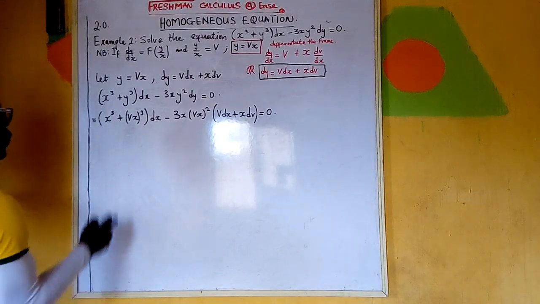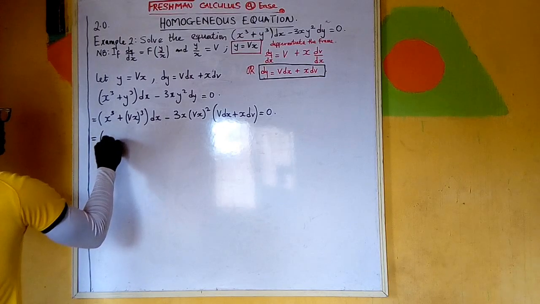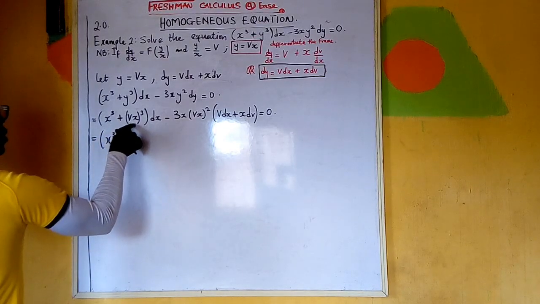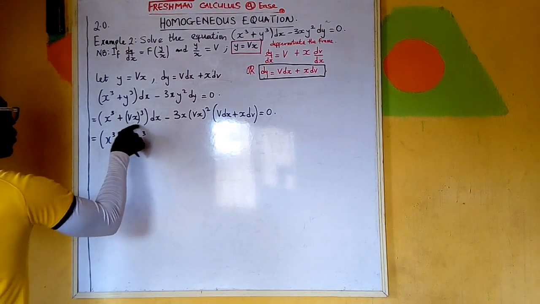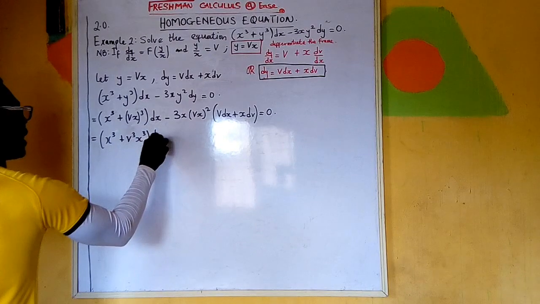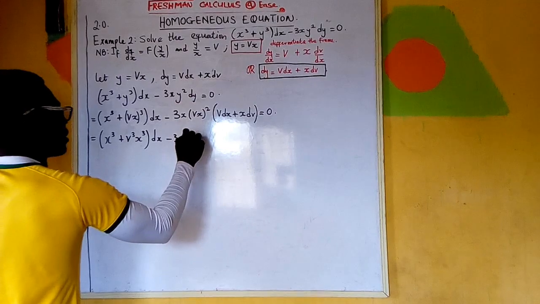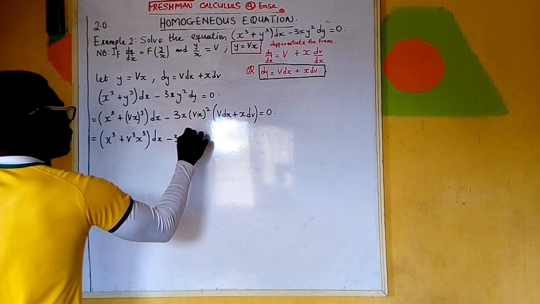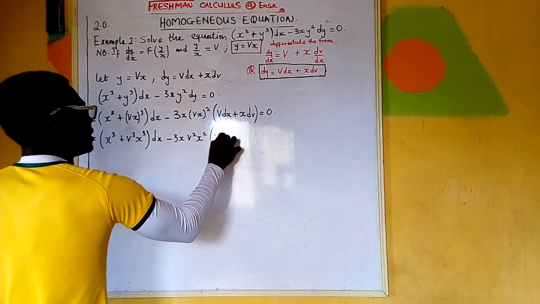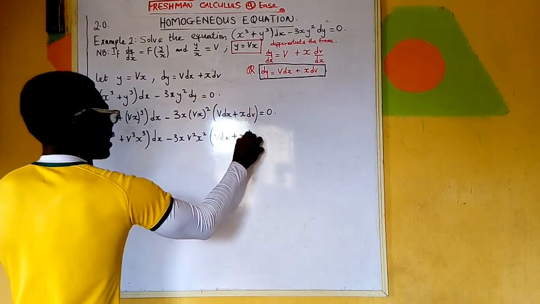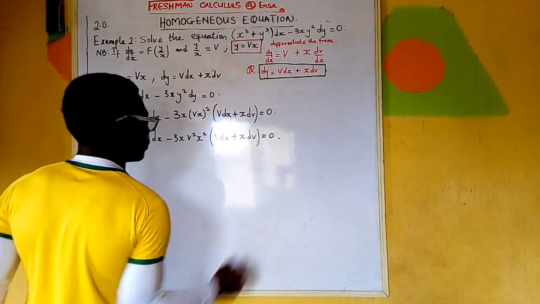Now I move forward to expand this expression. Let me say that is x cubed plus, open this, you have v cubed x cubed, which is this, dx, minus 3x. Express this too. You have v squared x squared, then open bracket v dx plus x dv, all equal to 0.